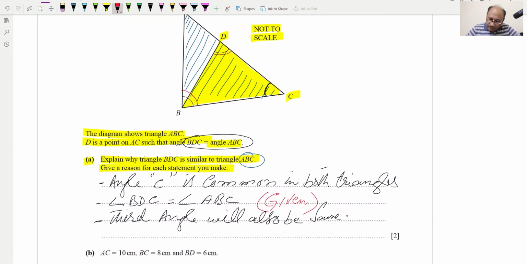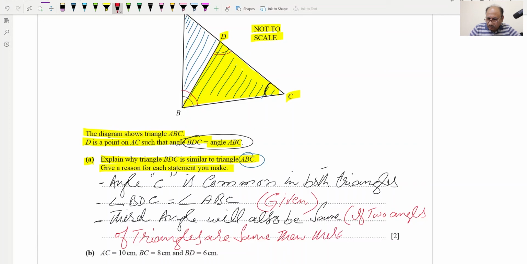Reason will be if two angles of triangles are same, then the third will also be same.